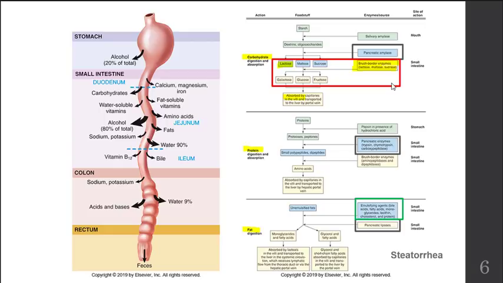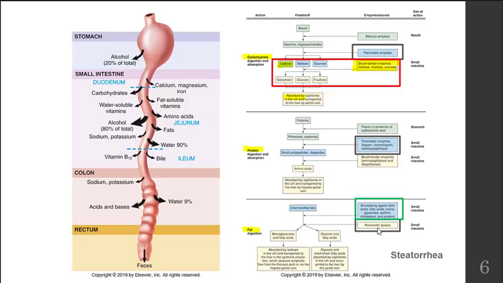For example, those that were born premature may not have enterocytes that produce the appropriate amount of brush border enzymes. And so in these individuals, it can lead to what we have already spoken about, which is called osmotic diarrhea. And finally, in green, we have bile salt deficiency.